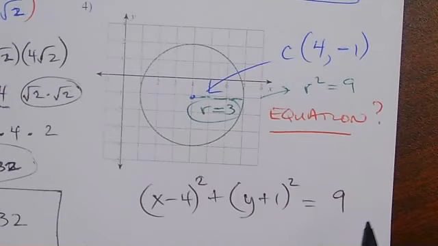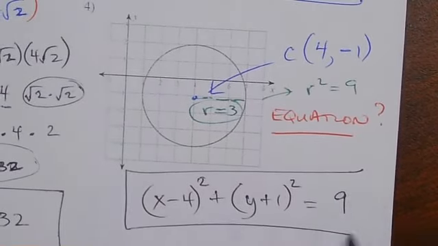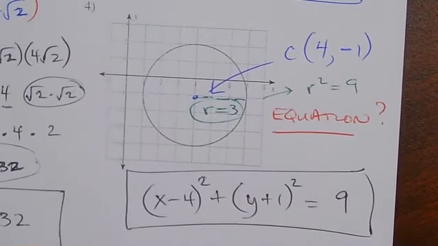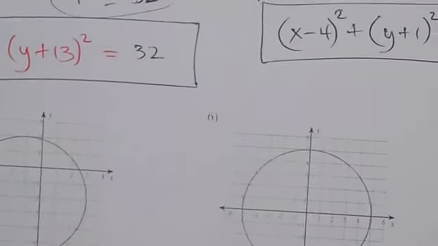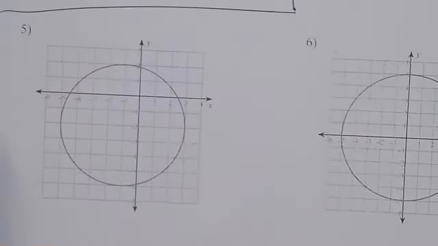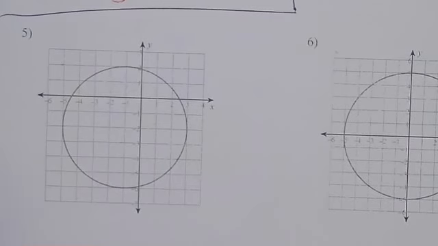Equals, and I already squared the radius. The radius is 3, but I already squared it, so it's 9. Okay, we got it.